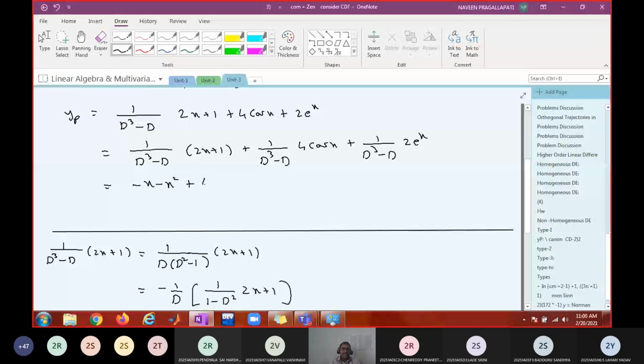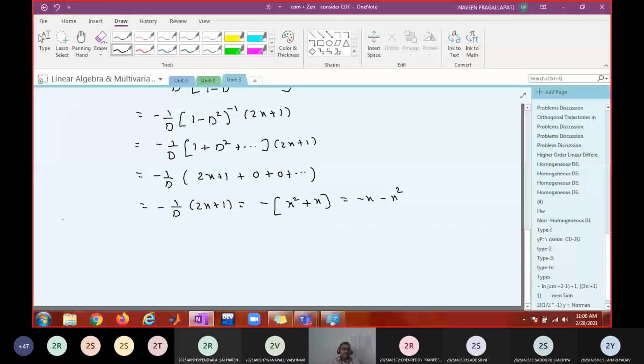So this is minus x square plus x. Now how do you find out 1 by D cube minus D of 4 cos x? The constant 4, I can write down outside. What is D cube minus D of cos x? I can write it as D into D square minus 1 of cos x. This is 1 by D into 1 by D square minus 1 of cos x.